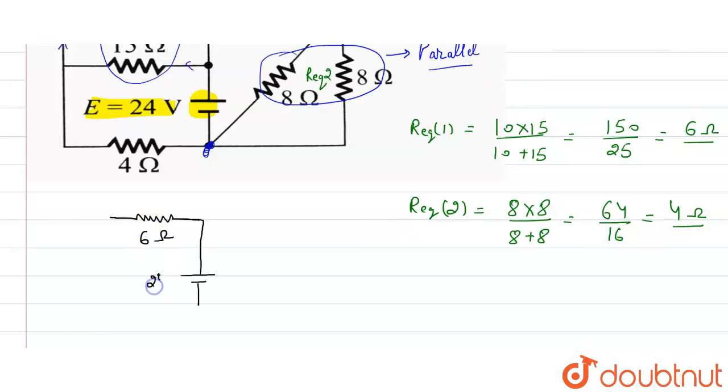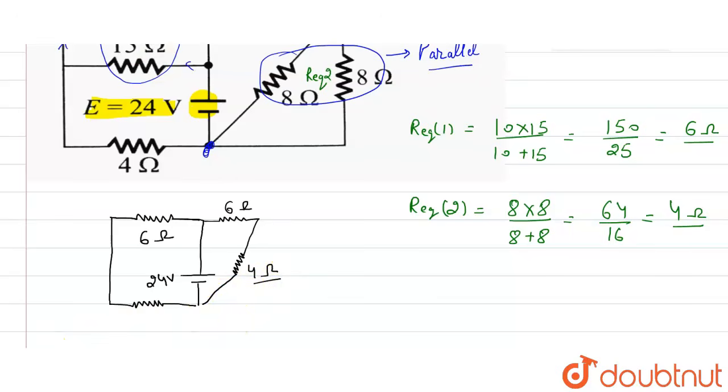It is 24 volts only, and then this 4 ohm remains constant as there is no combination regarding this. From here we can see that the 6 ohm remains constant, and this becomes 4 ohm, as it is R equivalent.